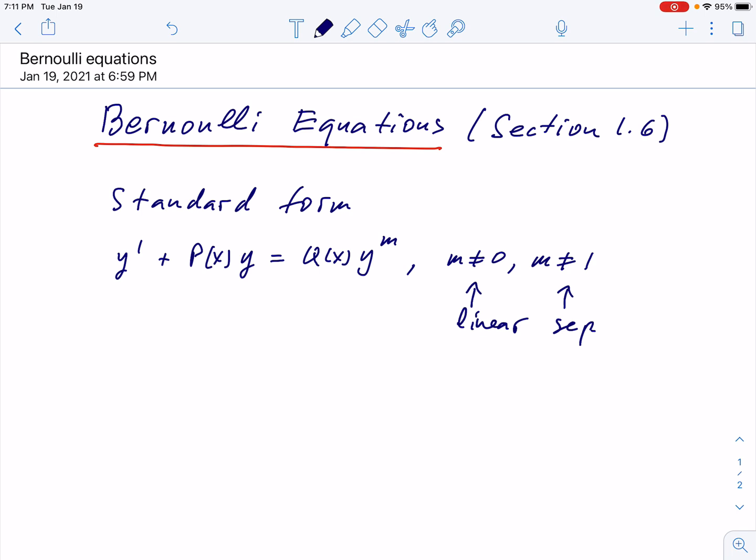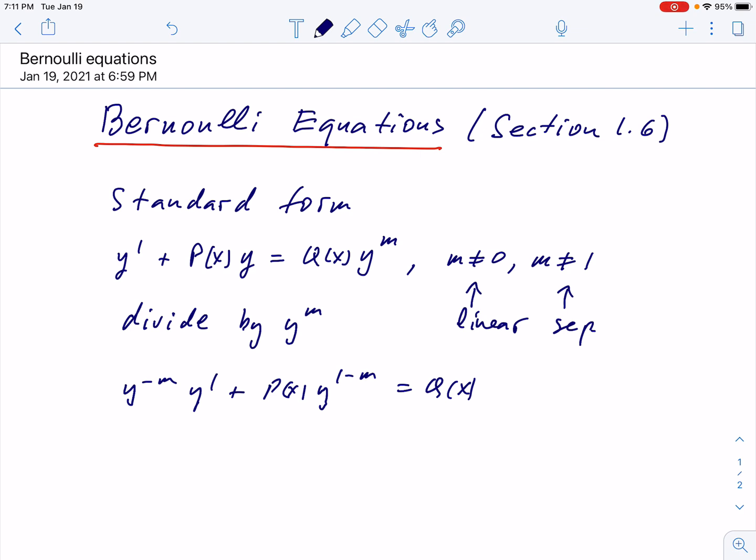So the first step is to divide both sides by y to the power m. We divide by y to the power m both sides, and the result will be, I shall write this way, y to the minus m times y prime plus p(x) y to the power 1 minus m equals q(x).